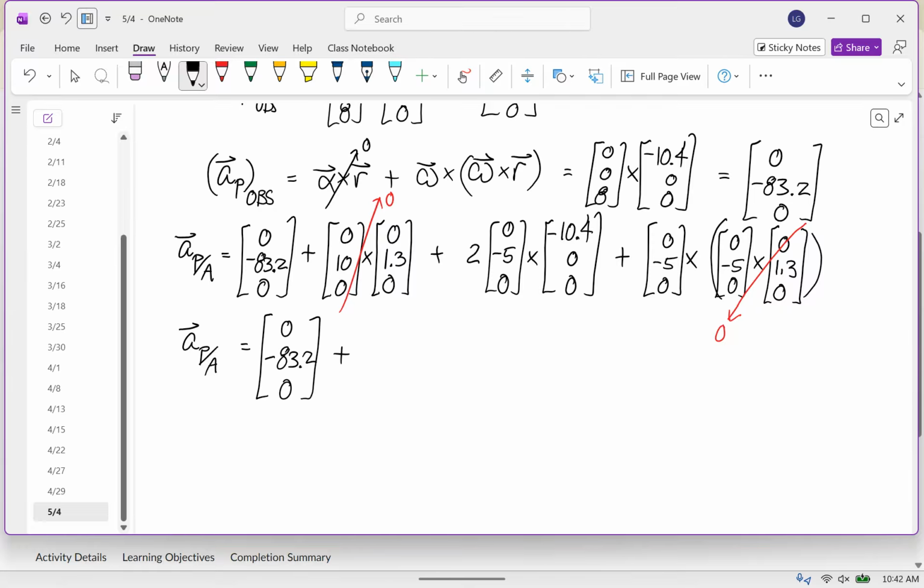So that one is 52, so 104 in the negative z direction. So 0, 0, negative 104. And so here we go. 0, negative 83.2, negative 104.